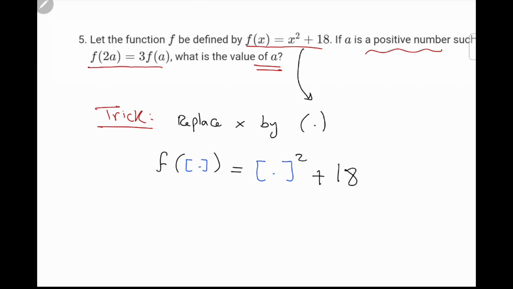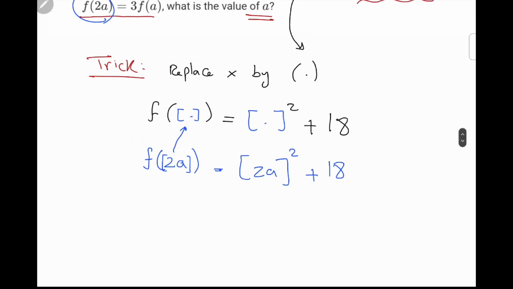Now let's find what's f of 2a. This happens if we replace the bracket by 2a. Then you replace every bracket on the other side of the equation by 2a, so that will be equal to this. And what's 2a squared?